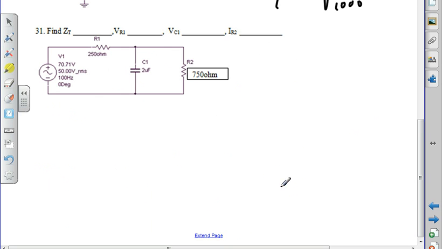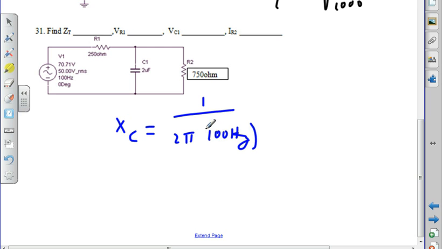All right, so I need to find X sub C. 1 over 2 pi times 100 hertz times 2 microfarads equals 1 over 2 times pi times 100 times 2E minus 6.